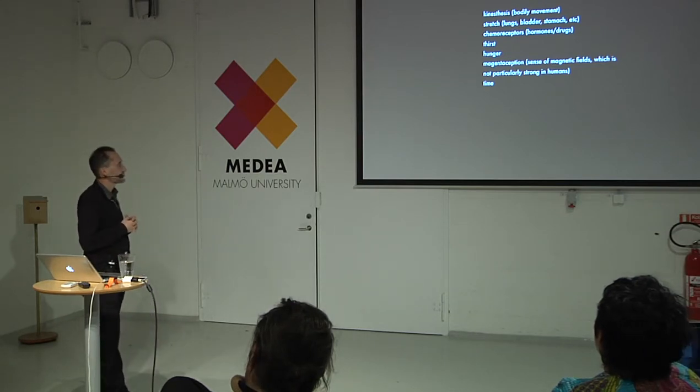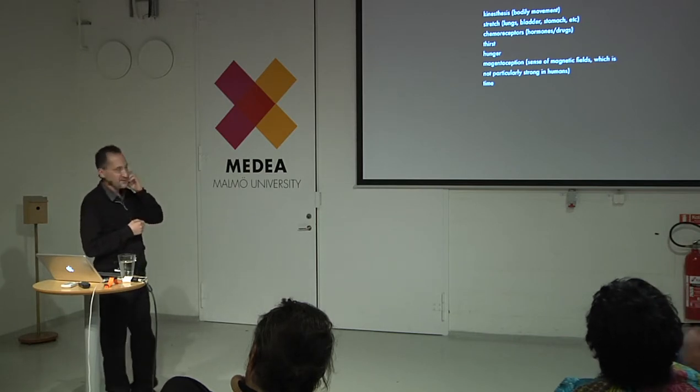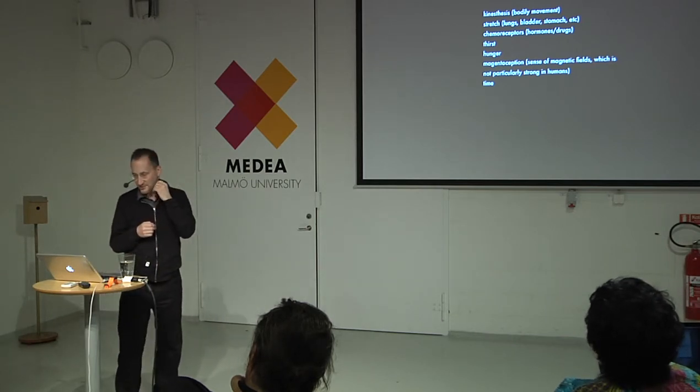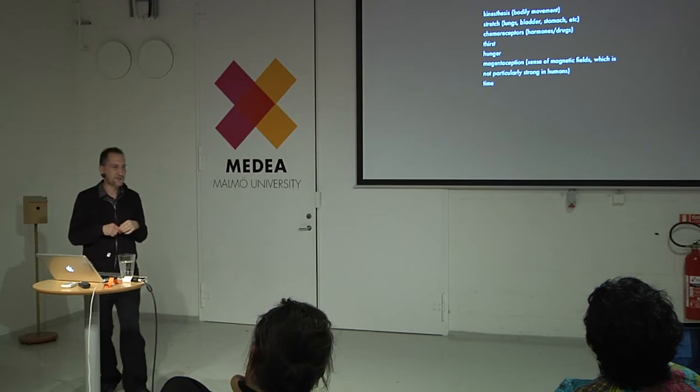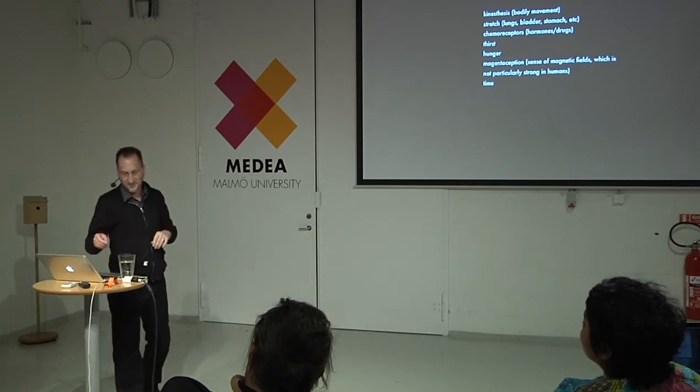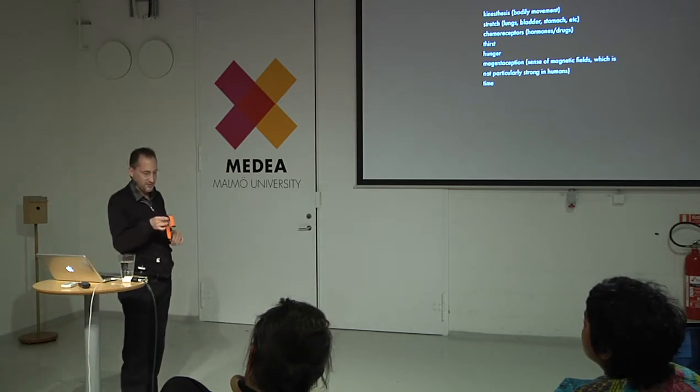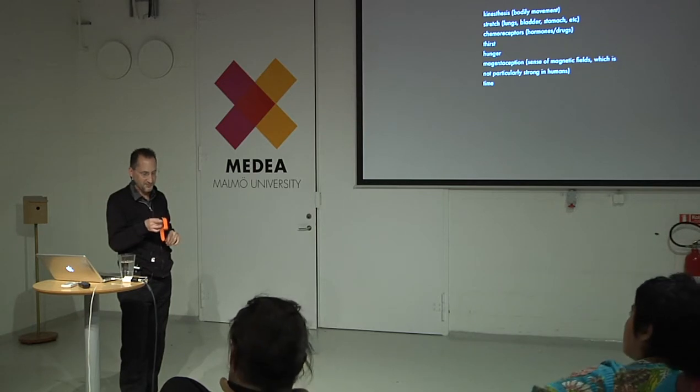Chemoreceptors, like drugs. Thirst is a sense, hunger, and this is what I like very much, magnetoception, your sense of magnetic fields, which in humans is not very strong. And finally, the sense of time. That's a really interesting thing. Let's do an experiment. Look at your watch and count 30 seconds. Now, go.